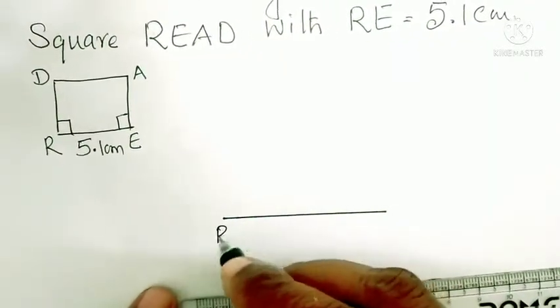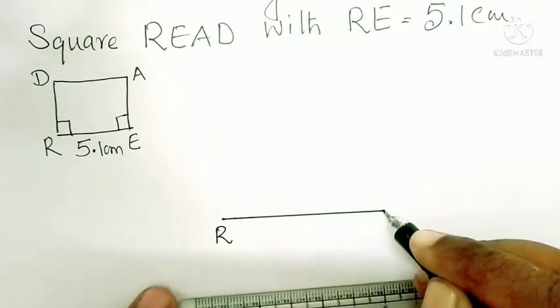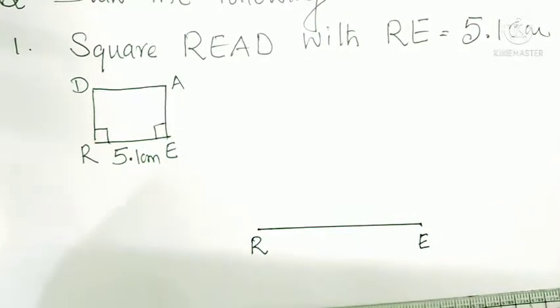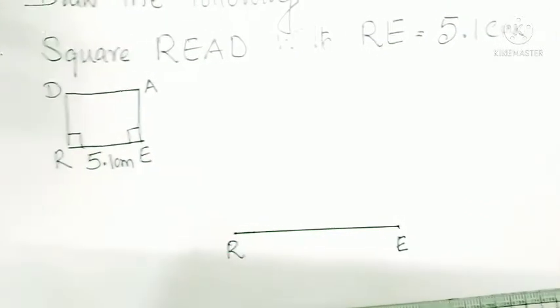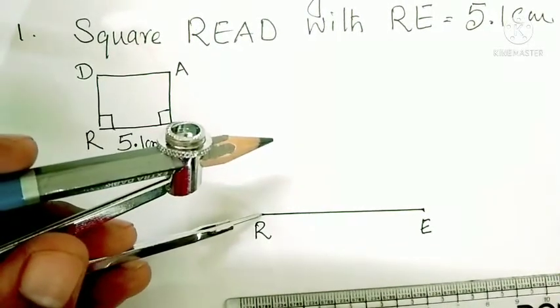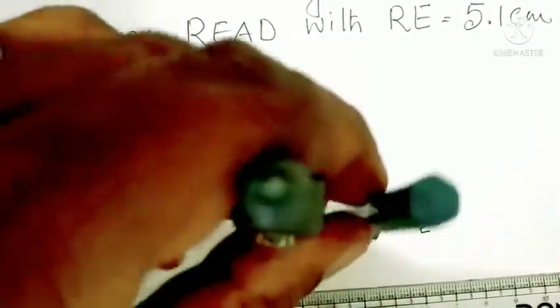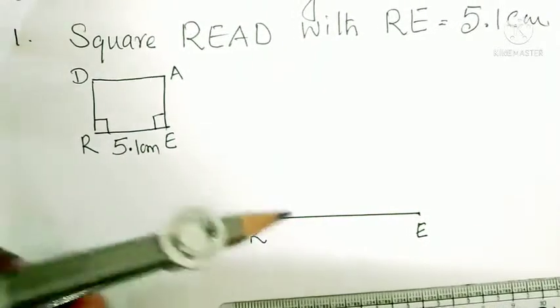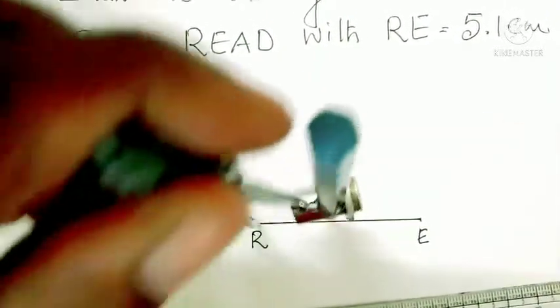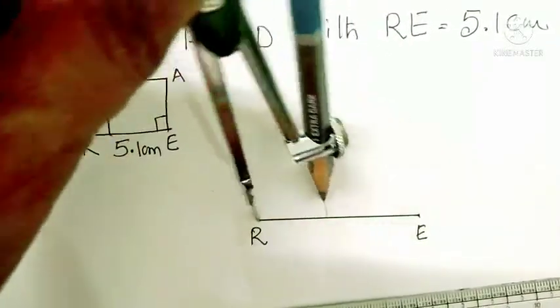R E, and then construct 90 degree. So keep the pointer here, and those who asked doubts, you can see here.